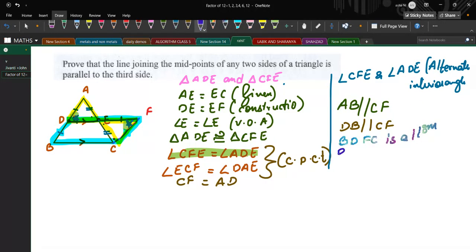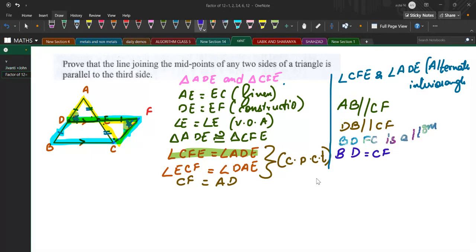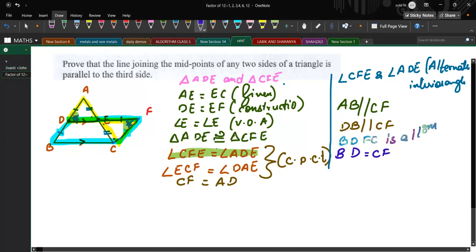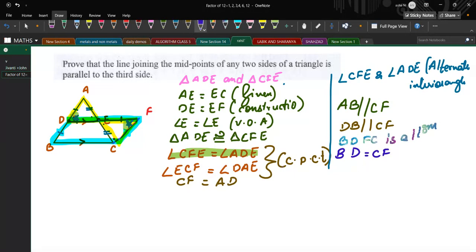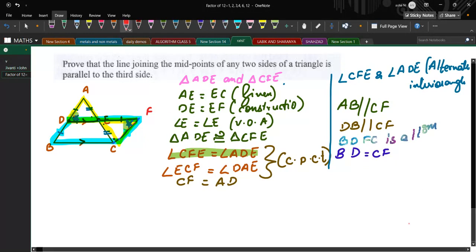So we say BD is equal to CF. This is clear. Since it is a parallelogram, DF is parallel to BC because now it has become a side of a parallelogram, the upper and the lower side.